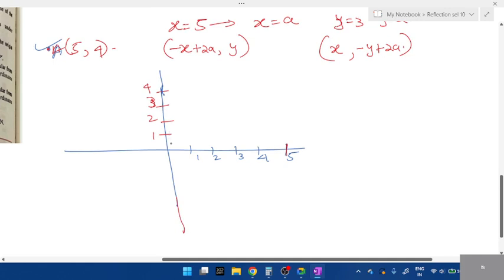Okay. Yeah, look at this, students. 5 comma 4 lies here at this point. Right? This is the actual object.